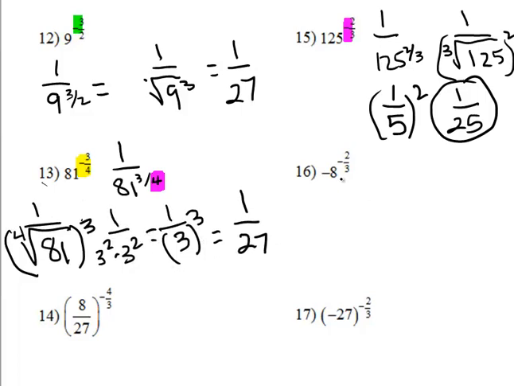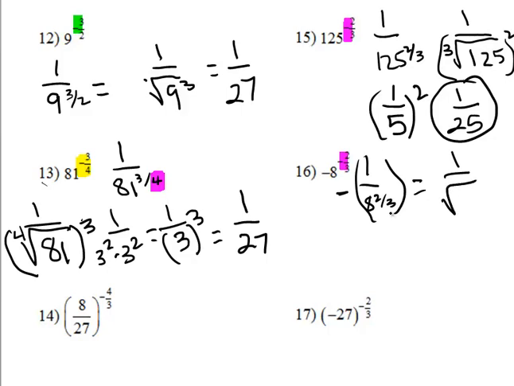Here I have a negative base and a negative exponent. I'm going to deal with the exponent first, so I'm going to make it a reciprocal. And I'm going to deal with that negative sign out front last. So from here we're going to say 1 over the cube root, 3 is the index, and then we're going to square it, and then and only then will we make it a negative.